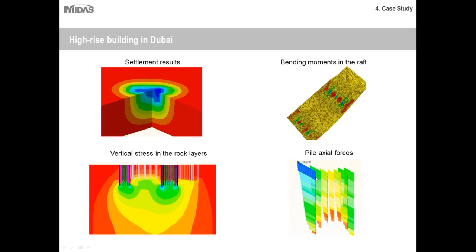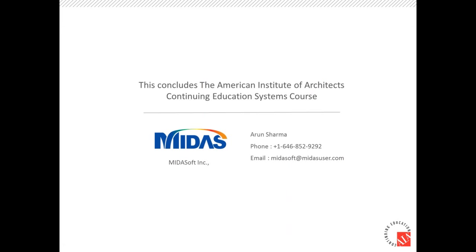And with embedded pile elements, you can extract these kinds of pile axial forces. Now, for those who are wondering what software has been used for this project, I would like to share Midas GTS was the software used for this project.